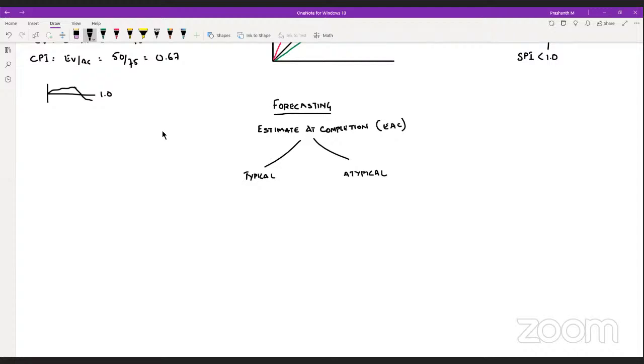That is what is going to happen to my budgeted completion. So you divide the overall budget at completion by CPI. That will give you the overall value at which you are going to complete the work if you follow the same rate at which you are traveling right now.